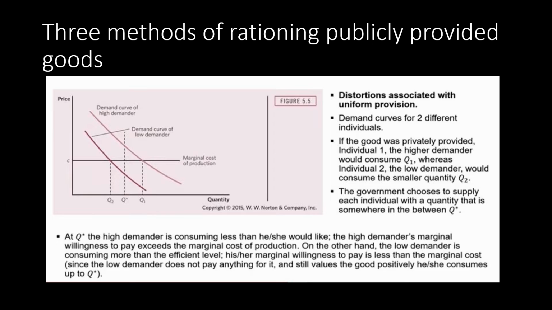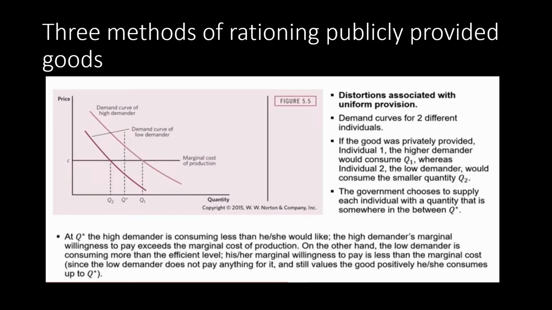Here are demand curves for two different individuals: one is a high demander, and the other is a low demander. If goods were privately provided, you can see the quantity demanded for the high demander is Q2, and for the low demander is Q1.